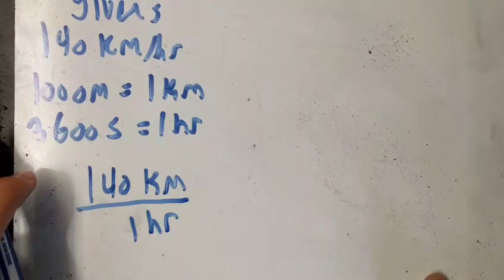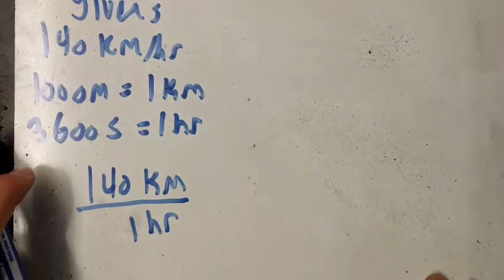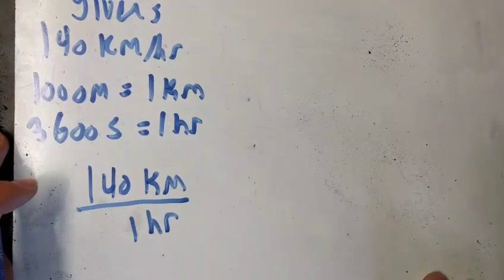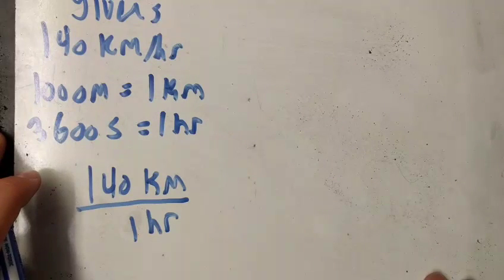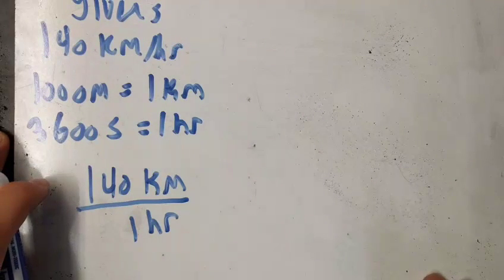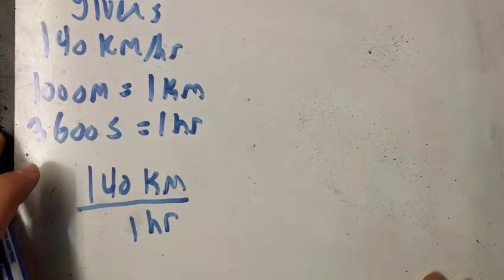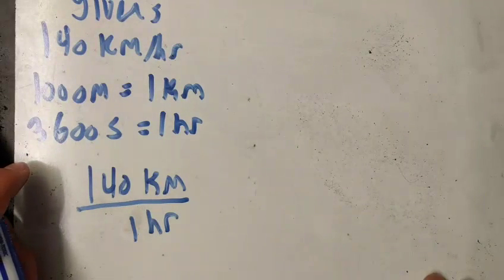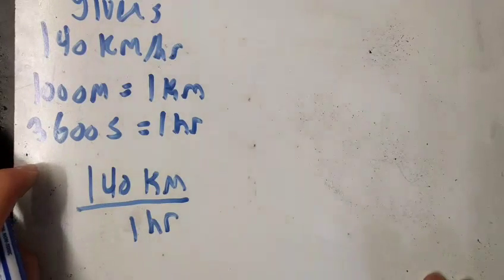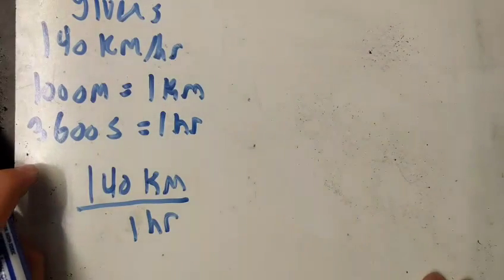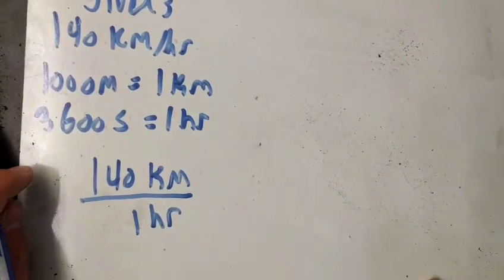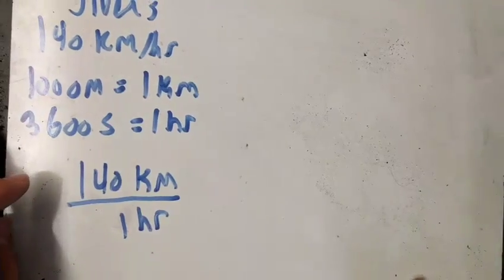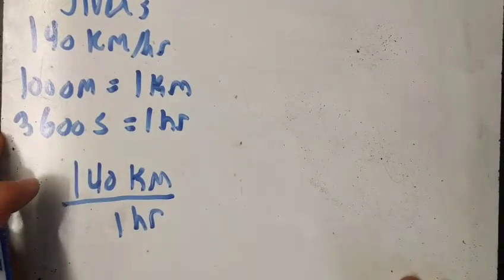The next step is to set up the rest of your problem, or set up the conversion rates. So when setting up your conversion rate fractions, you want to think about which setup will make it so the units that you don't want cancel out and the units that you're trying to convert to are the only ones left over.